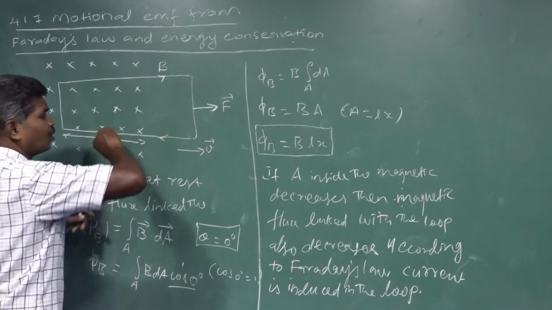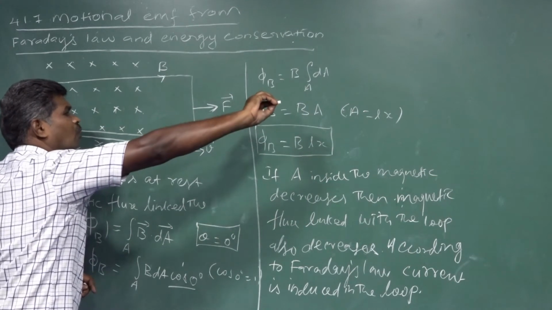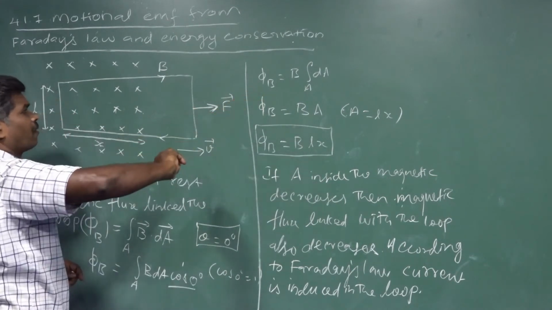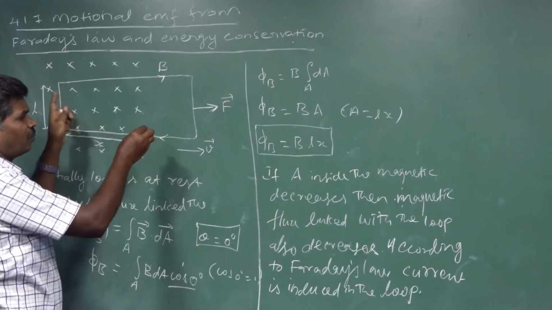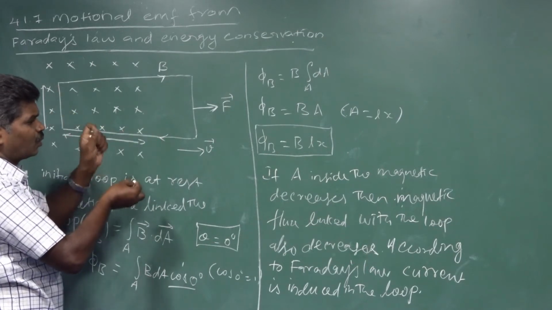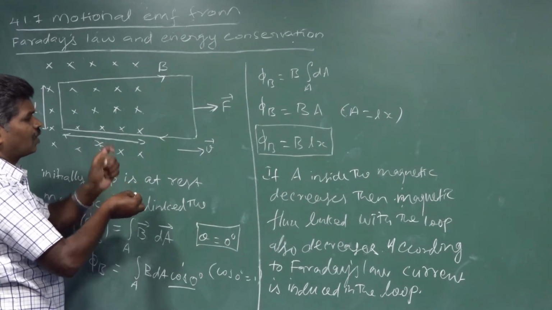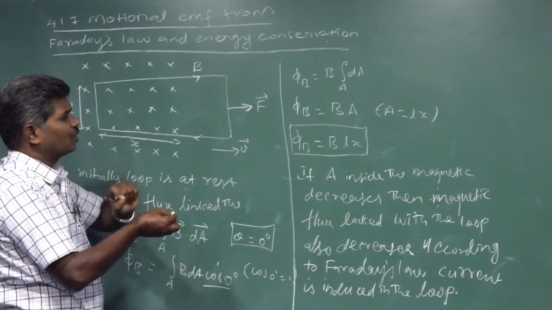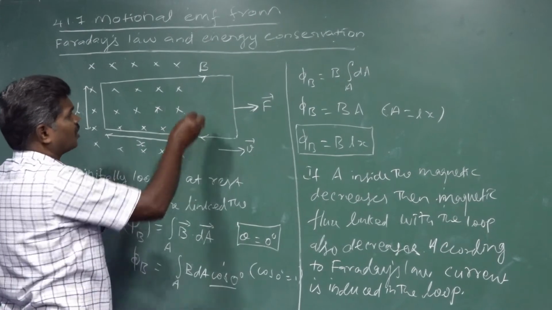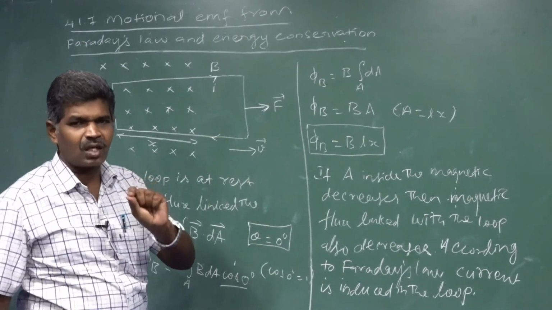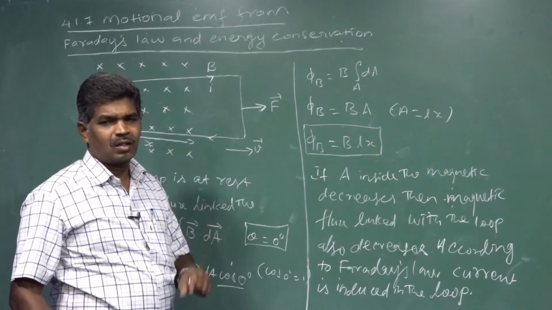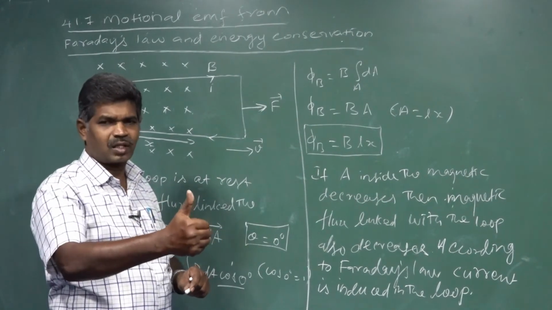So if you move the loop out towards the right, the flux change produces an induced EMF, and according to Faraday's law that induced EMF produces an induced current in the clockwise direction, based on Lenz's law or the right hand thumb rule.